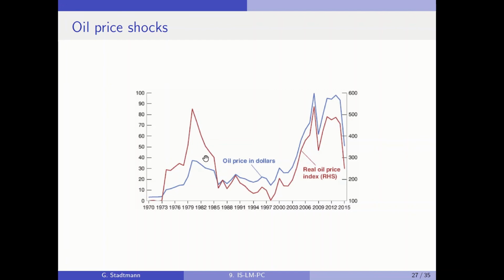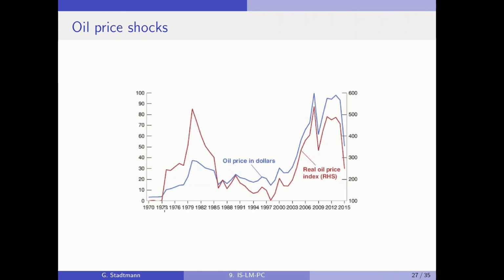And the red line is the real oil price index, and it has to be read against the right axis. The right axis is normalized in a way that the oil price index was normalized to 100% in the beginning in the 1970s.